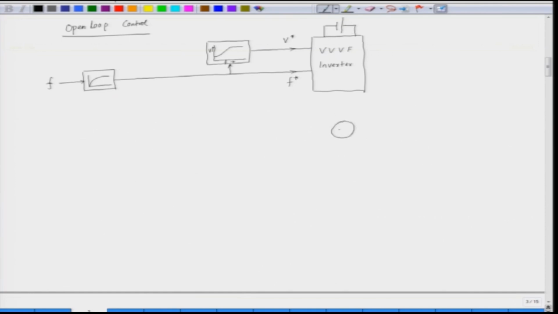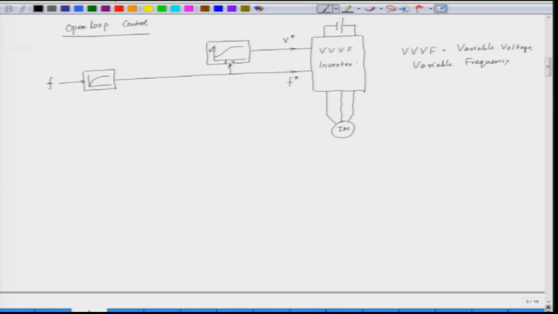We have the induction motor here, it is a 3-phase induction motor, and the output of the inverter is 3-phase like this. And so, VF stands for variable voltage, variable frequency, and this is the inverter.